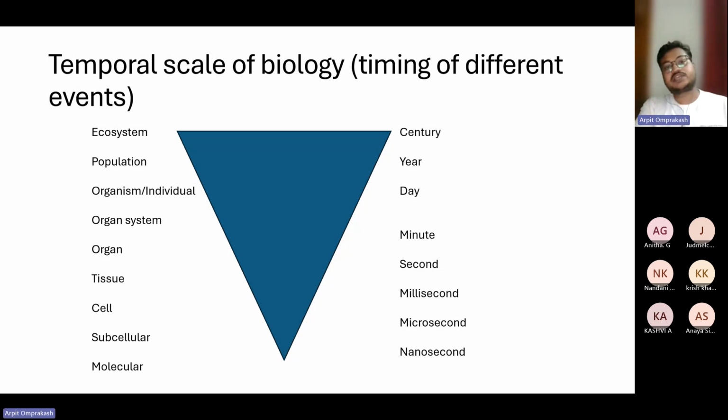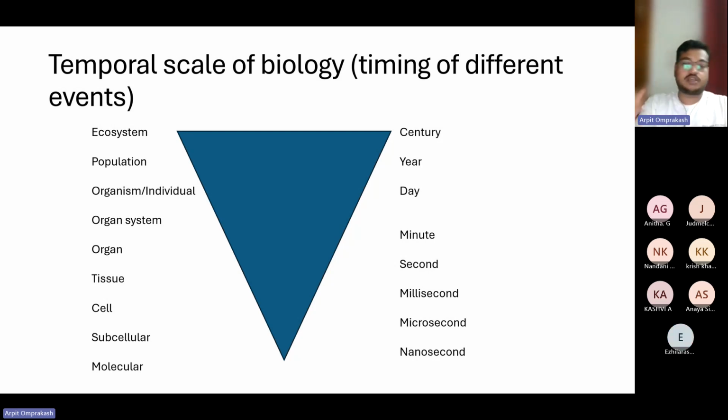So the temporal scale of biology also ranges over a large order of magnitude, going from nanoseconds to microseconds, and then all the way to a year or a century, which is like 100 years. Right.